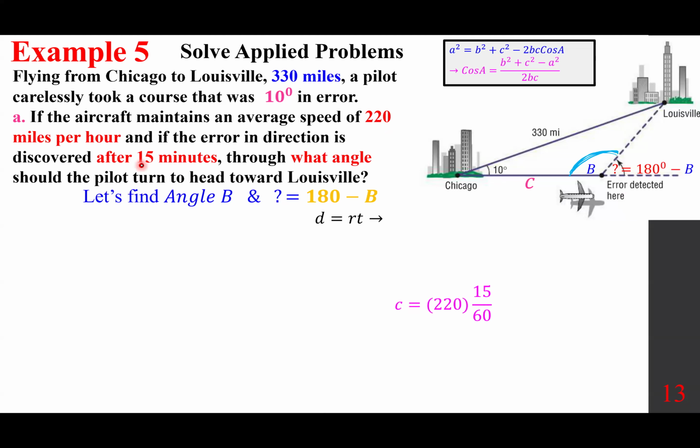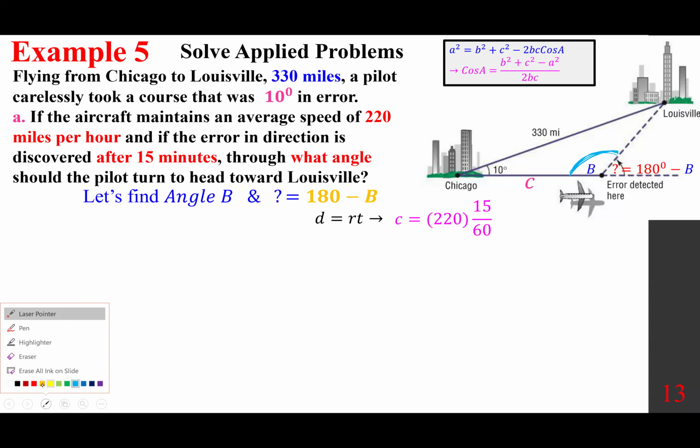Class, I want to explain this one more time. This is the rate, 220 miles per hour, but the time is 15 minutes, so you have to change it to hours. When I divide by 60, 15 minutes becomes 1/4 of an hour.